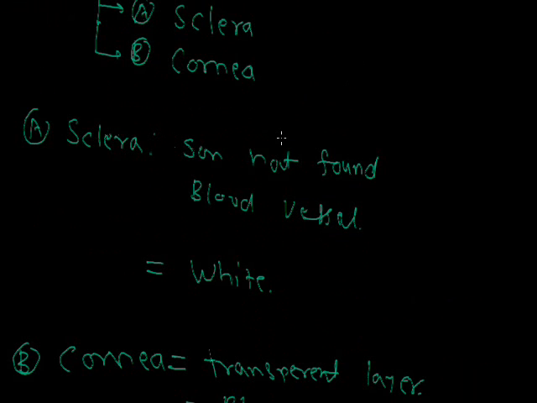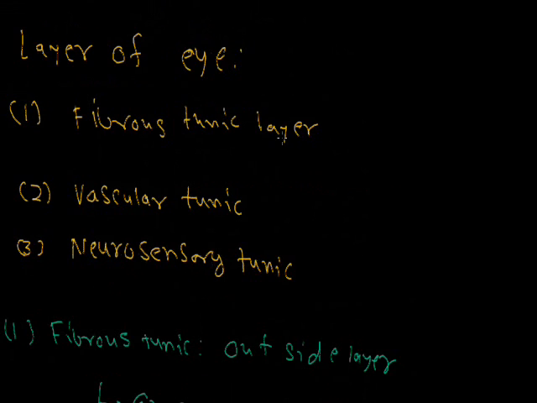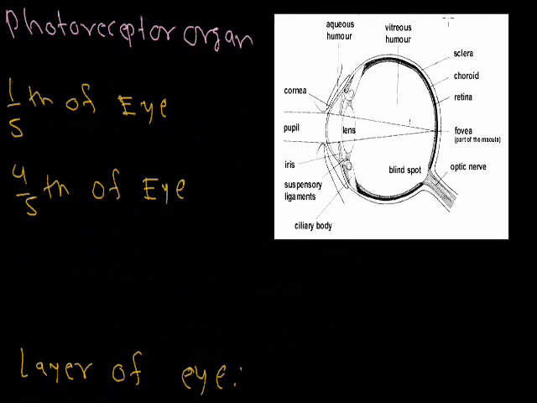Now the fibrous tunic layer in the picture: this is the outer layer, the sclera, and this is the cornea. Both the cornea and sclera are parts of the fibrous tunic layer and both have no blood vessels. The sclera is white and the cornea is transparent, and cornea transplantation is easy because the cornea has no blood vessels.